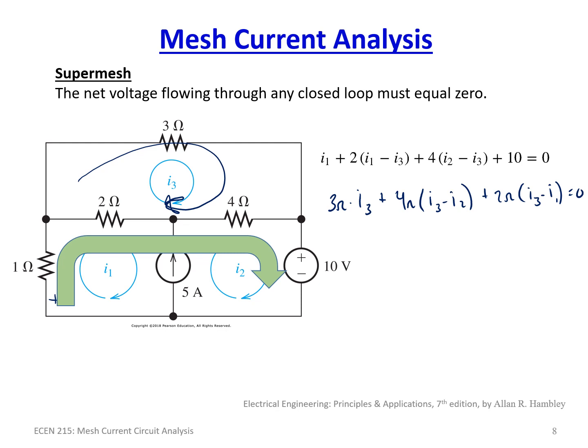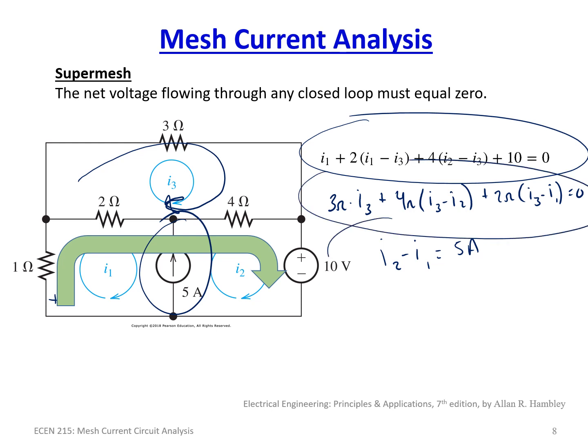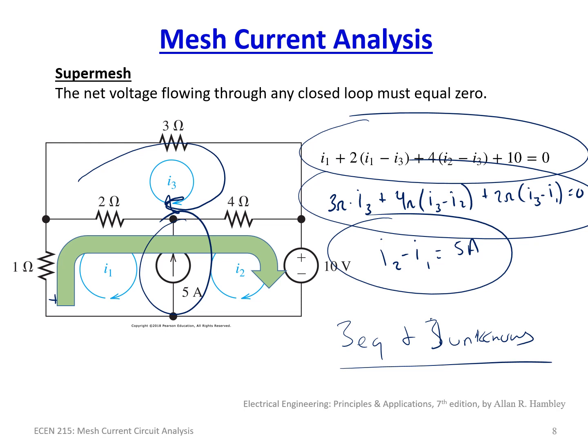And then again, as we talked about before, we have a third equation, a third relationship of I1, I2, and I3. We know that I2 minus I1 is equal to 5 amps. And we get that right here. So now we have 1 equation, 2 equations, 3 equations. So you have 3 equations and 3 unknowns, which means we can solve.